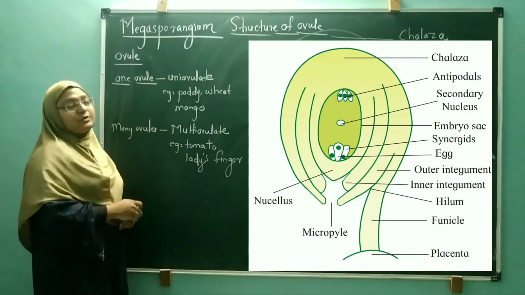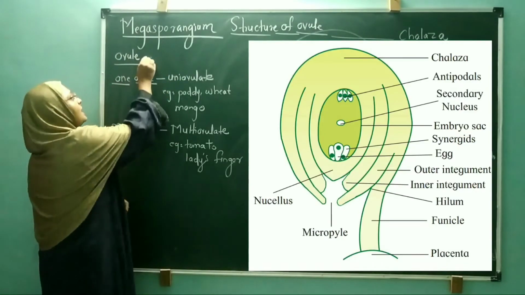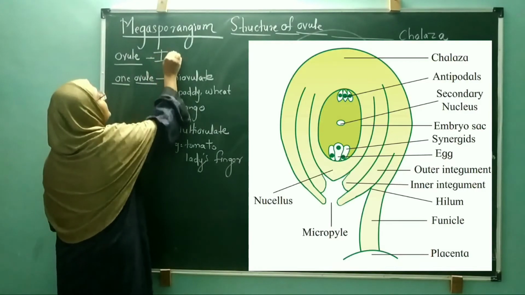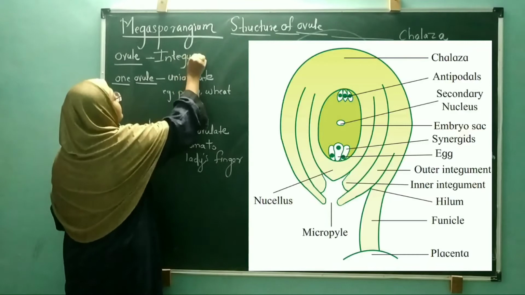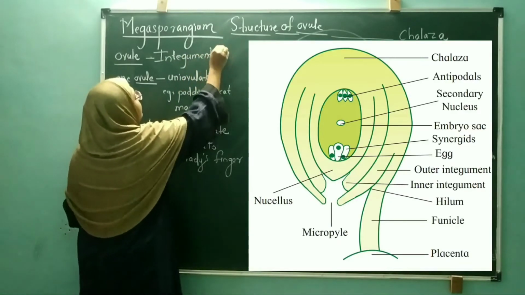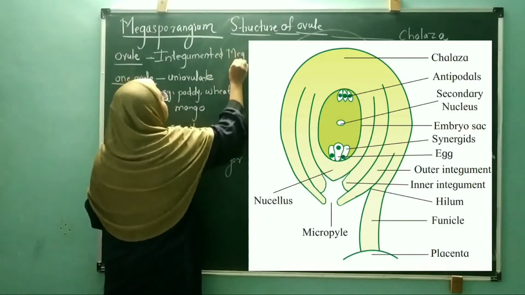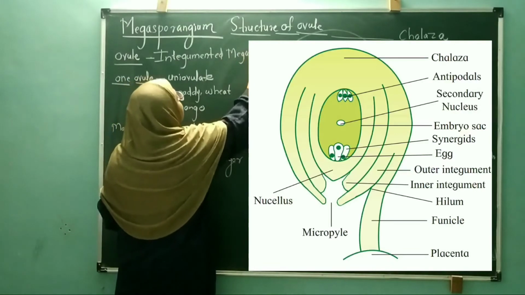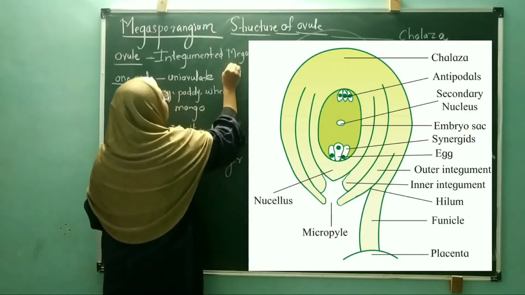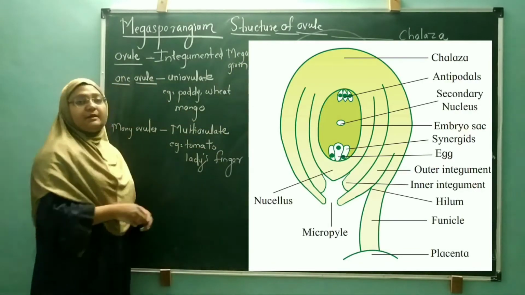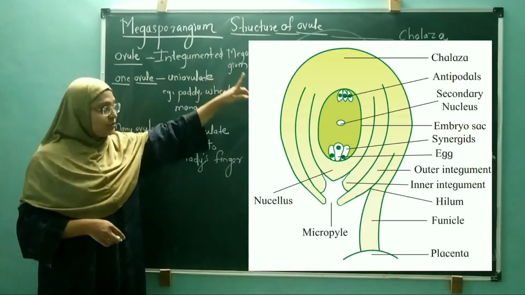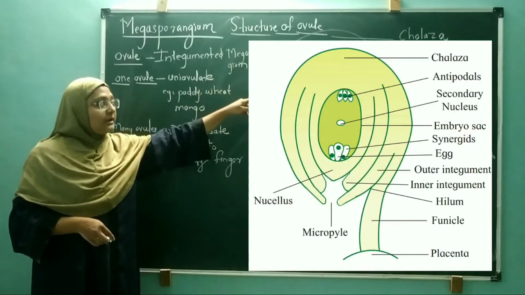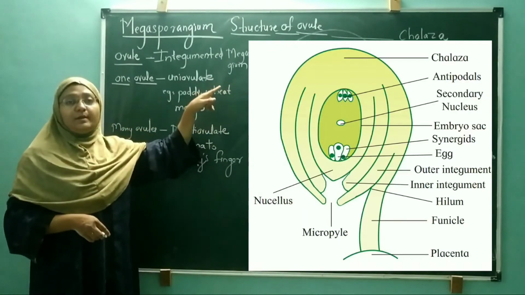In the angiosperm, this ovule is called an integumented Megasporangium, because it has two coverings, as shown in the diagram, that is, the outer integument and the inner integument.